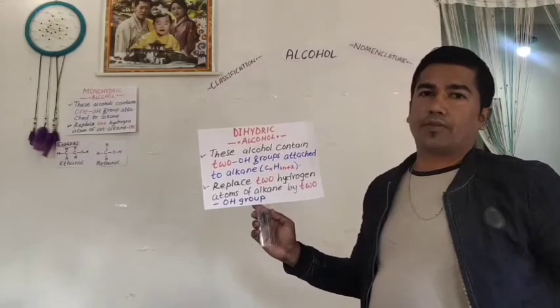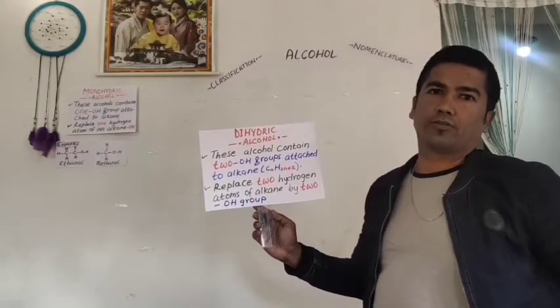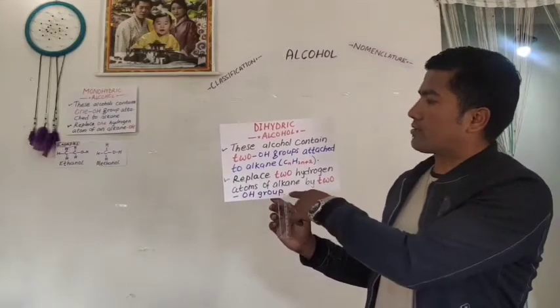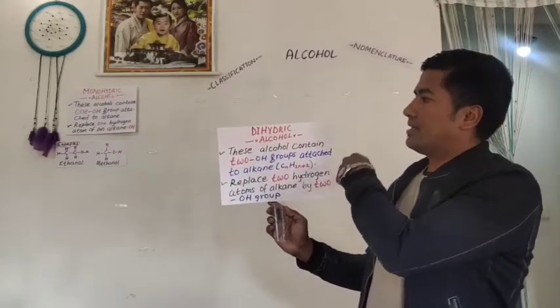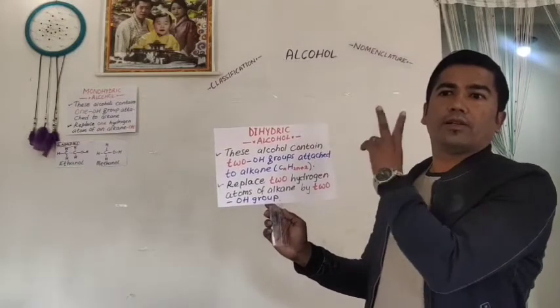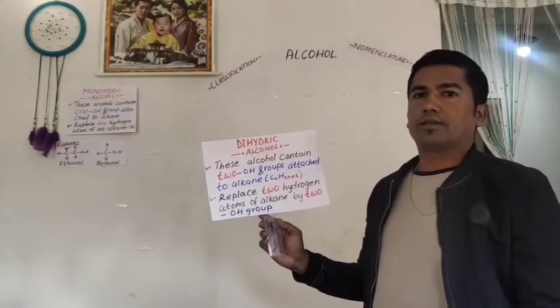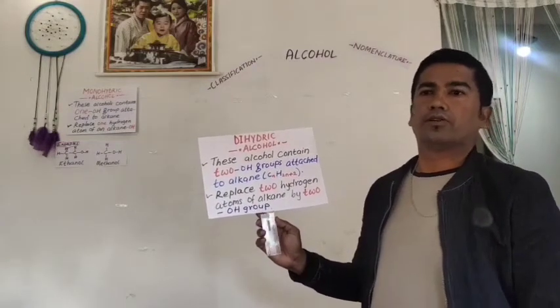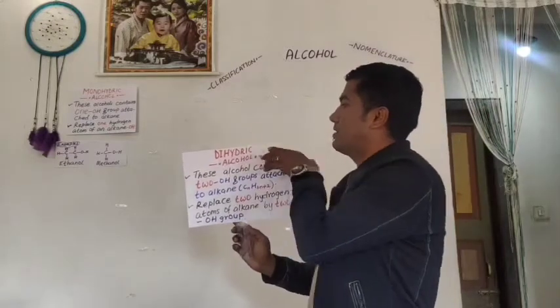Two hydrogen atoms of the alkane are replaced by two OH groups. Remember, two OH groups, two hydrogen atoms replaced. Such alcohol, where two OH groups replace two hydrogen atoms of an alkane, is known as dihydrate alcohol.